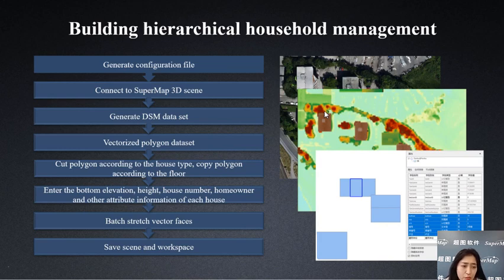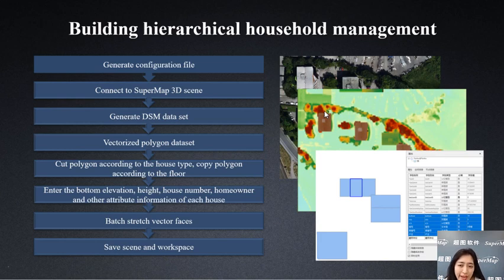So this is our vectorized polygon dataset. Based on this, for many of the buildings we digitize this vector data, and then click the polygon according to the house tab and copy this polygon according to the floor.